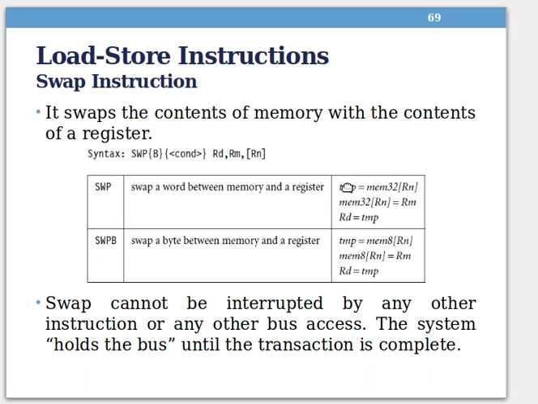Then the contents of Rm, nothing but the contents of a register, are stored in the 4 bytes of the memory location. And whatever is in the temporary location, that means the 4 bytes, is now copied to the destination register.